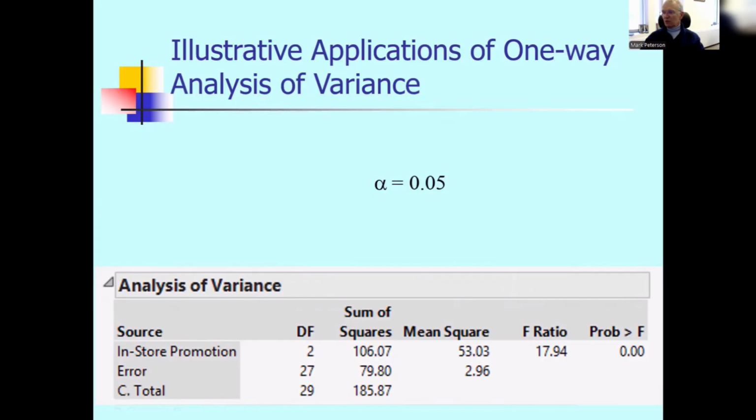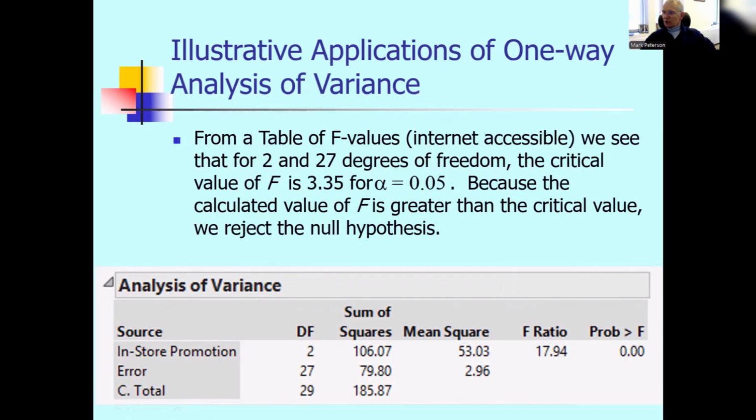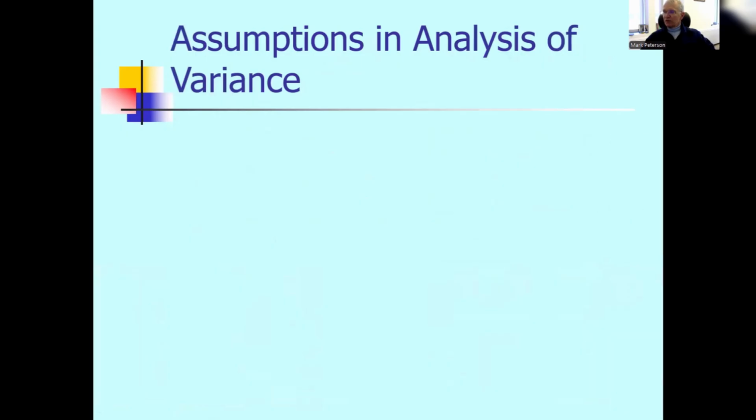So you would reject the null hypothesis that all the group means are equal. They're not, according to our F statistic here in our analysis of variance. And so we are in the position of saying, no, not all of these means are the same, and some of them are bigger than others.